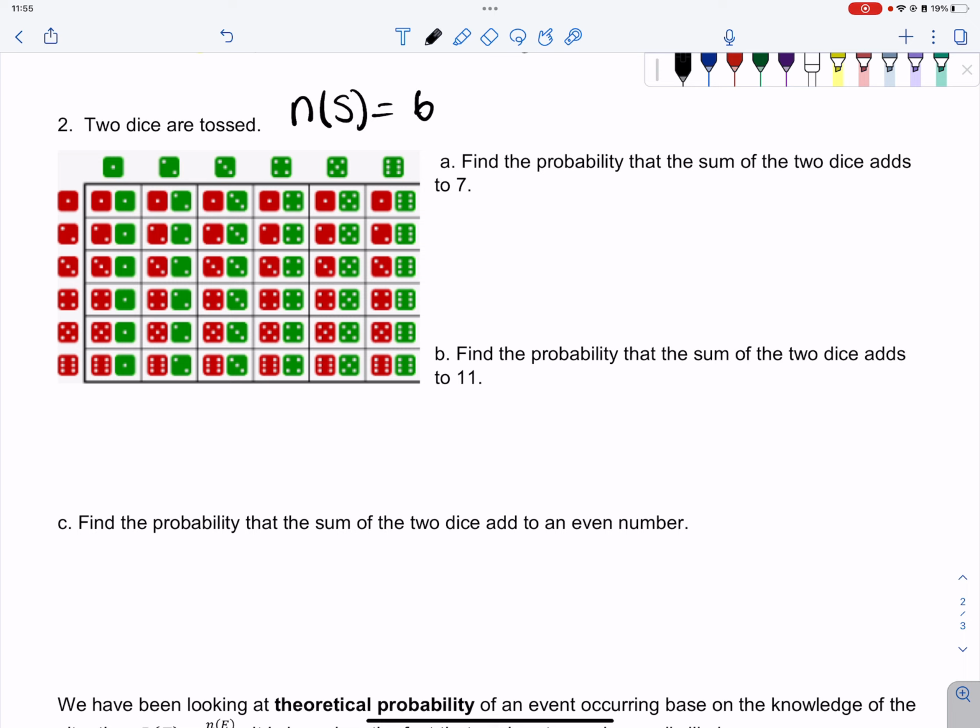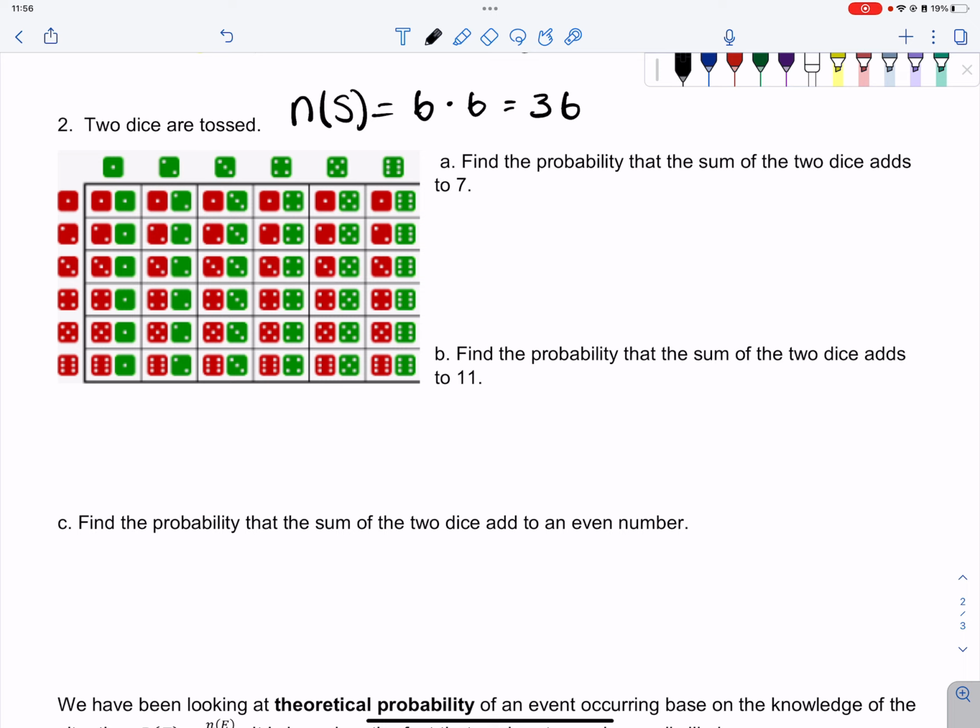So the red die has 6 options, and the green die also has 6 options. So we can multiply those together, and we get that there's 36 different outcomes that we could have when we roll 2 dice. That is our number of things in the sample space. If we counted them all up on the table, you would also get 36.